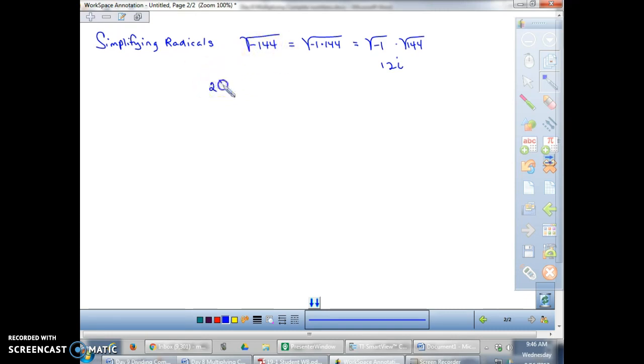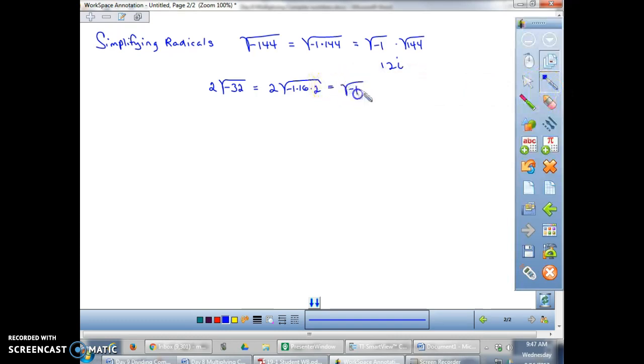So what if I have 2 times the square root of negative 32, something to that effect? So I would break apart first the negative 1, which will be i, of course, and then the largest perfect square of 32 is 16. So it's 16 times 2, just kind of showing you how it would break apart.